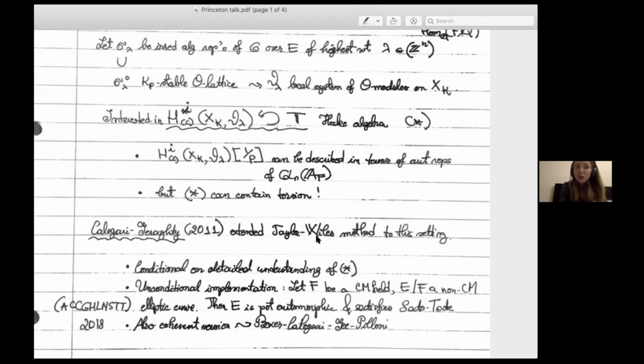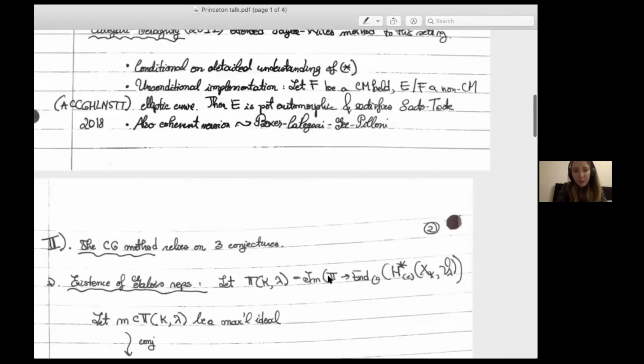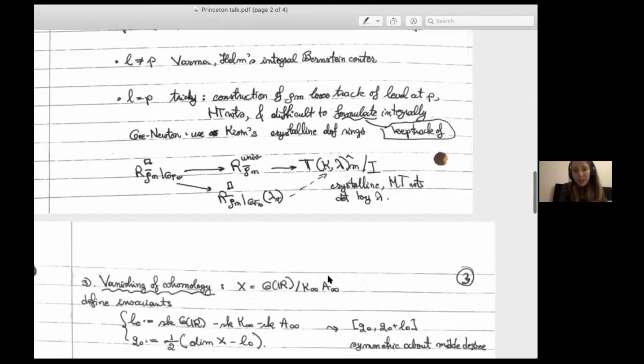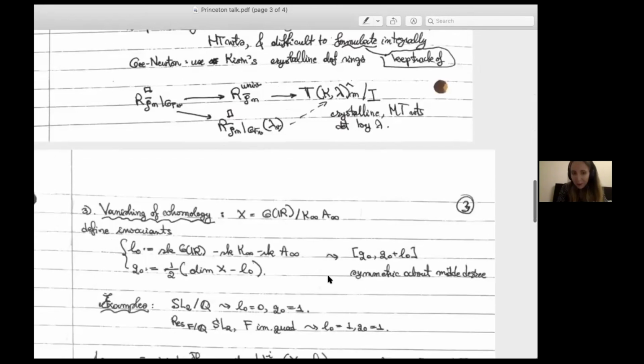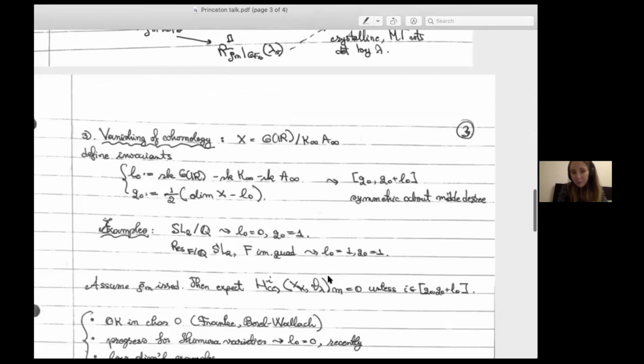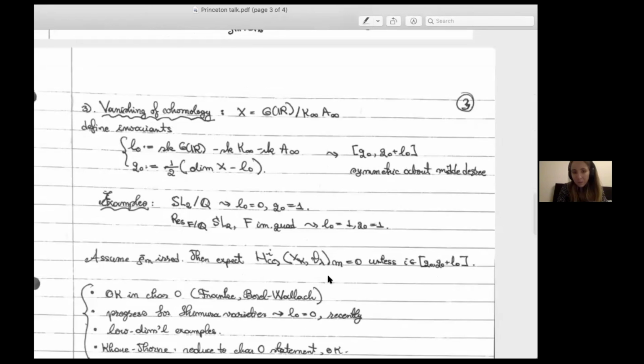I'm not sure how much we really are able to say now for imaginary quadratic. It is a good question, because maybe in the ordinary case you could try, but we certainly haven't tried and I can't tell you off the top of my head if you will be able to see it. Thank you.